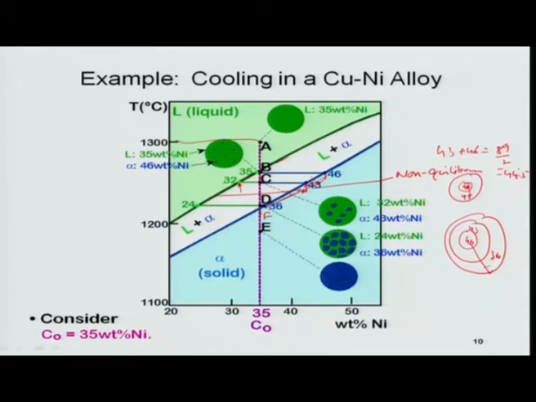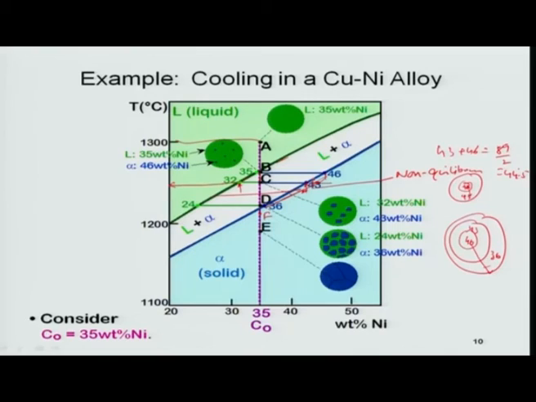Now my alloy system is at the temperature corresponding to point C, right? So if I have to get this point, I extend this horizontal line this way and drop a vertical from this 44.5 point to this.